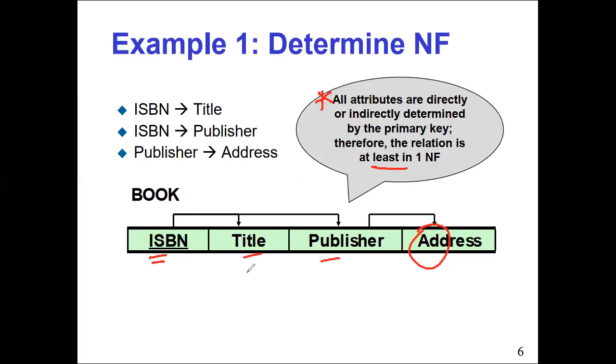Title, this one is direct, this is direct, this is indirect. So all the attributes somehow depend on ISBN. So we can say no multi-value attribute. So the relation is at least 1NF. Done.